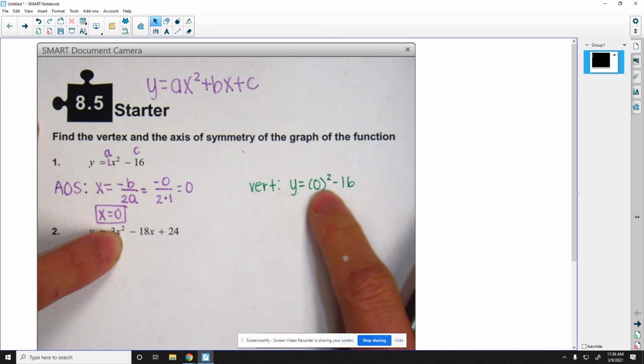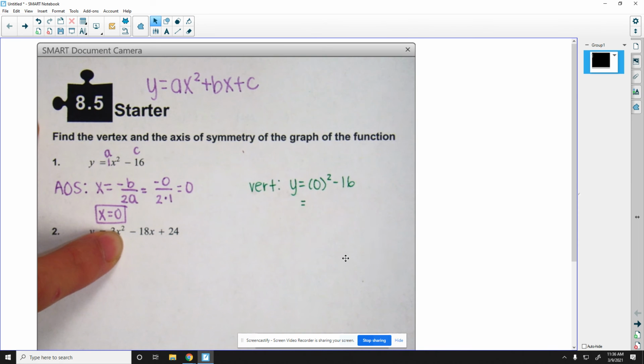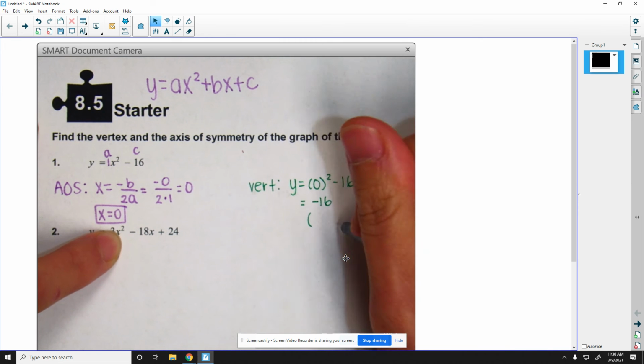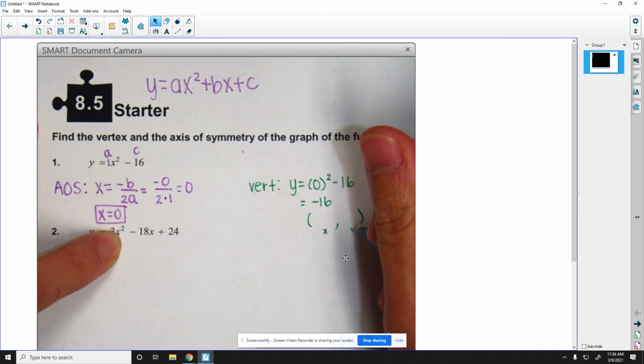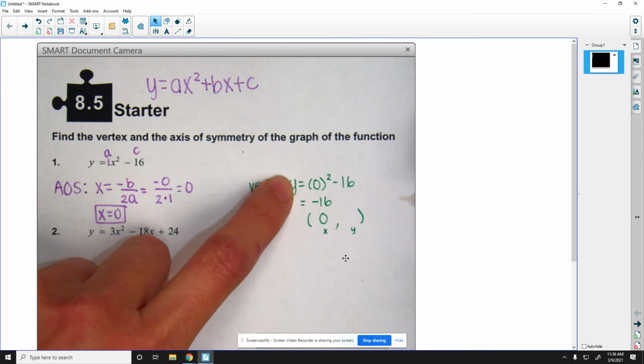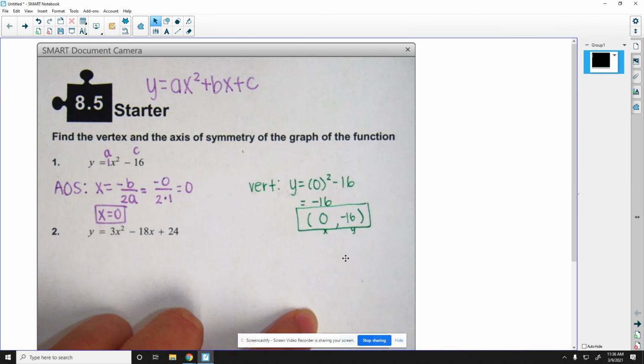Type it in your calculator as one long problem, or just realize what's 0 squared minus 16? 0. Nope. Negative 16, because you still have that minus 16 at the end. Okay, so if a vertex is a point, and your point is always x comma y, what was the x? You said the x was 0. The y you just solved for was negative 16. Boom. That would be my answer.